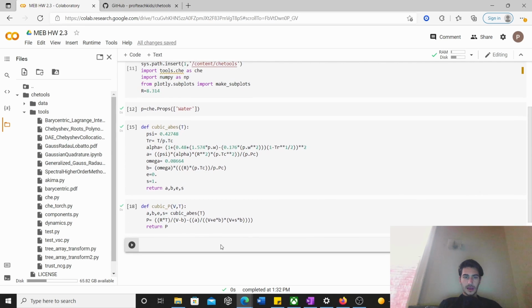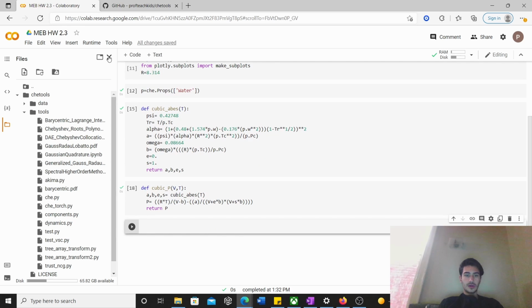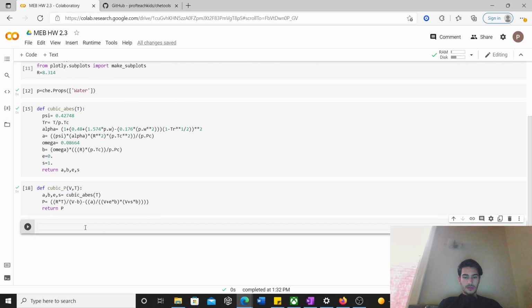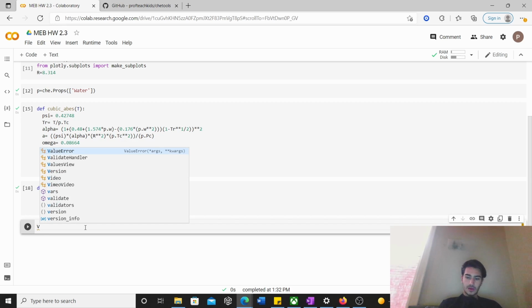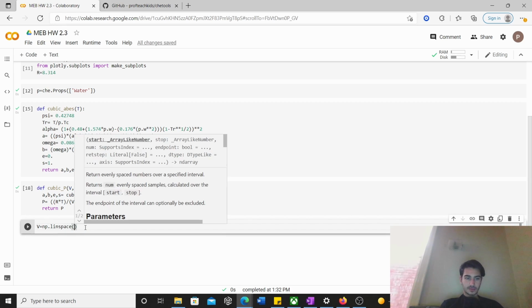So now that we have all this actual stuff in our collaboratory code, we can now start plotting. We can now start making some plots, right? We'll start by giving V some given values, and we'll start off by simply linearly spacing the V values. So we'll do numpy dot linspace. Then, as you know, the parameters are the start, the end, and how many different points we want.